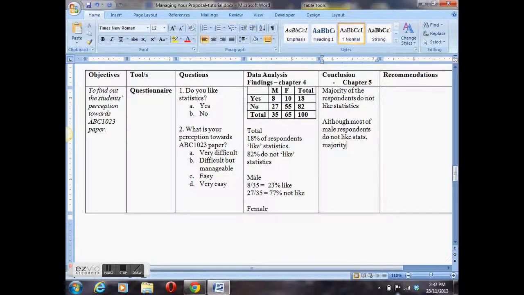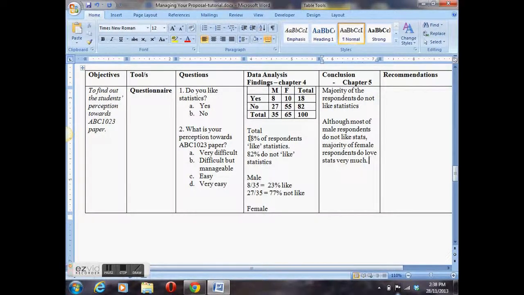Majority of female respondents do love statistics, very much. Right, we can have one or two conclusions for every objective.